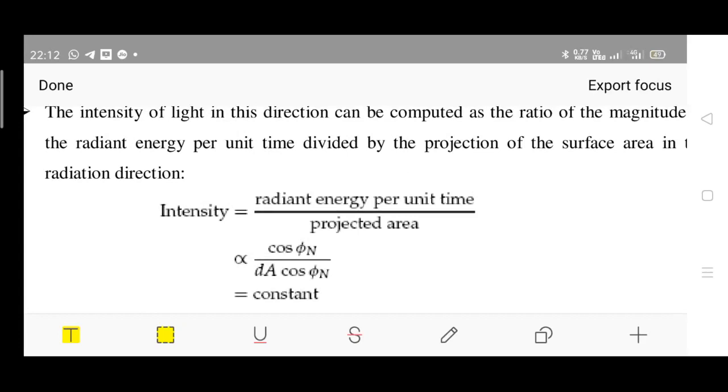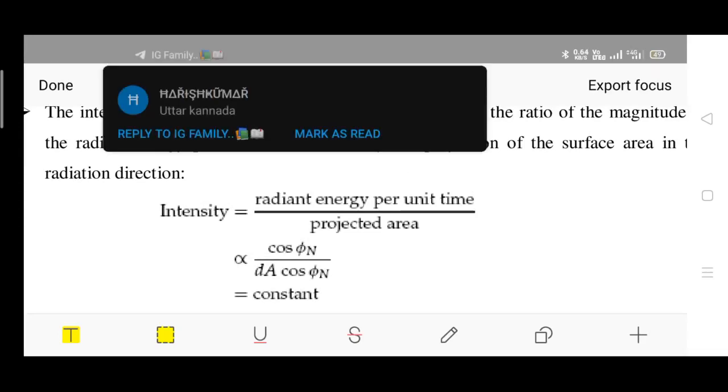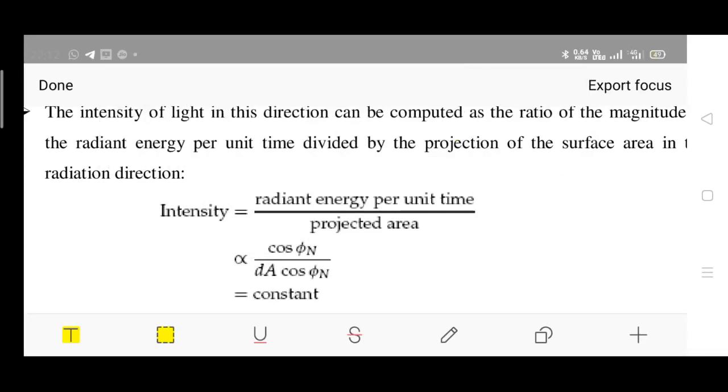In diffuse reflection, the intensity is computed as a ratio of the radiant energy per unit time to the projected area.